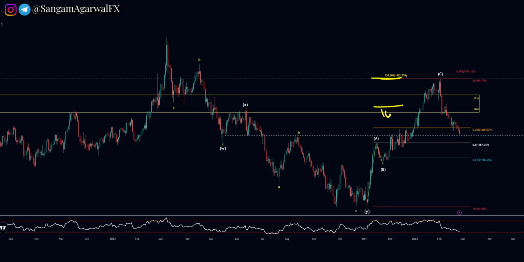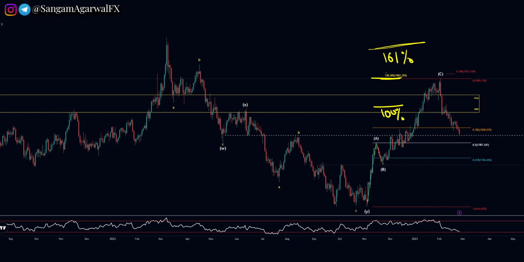First is always the 100% projection, then 138% projection, then 161% projection, and most of the time the market stops after the 161% projection, and most of the time the market stops before it makes the 200% projection.